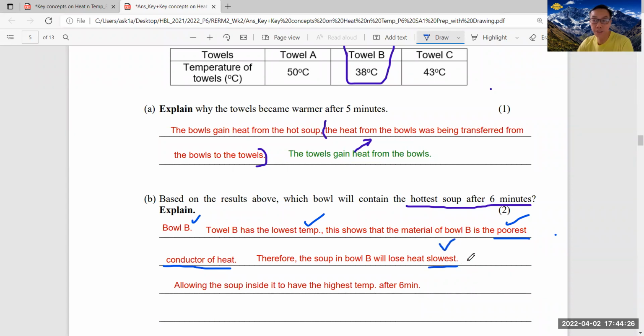Use the right adjective: if there are 2, you just use slower, but now there are 3 or even more, so you use the superlative, slowest. Allowing the soup inside to have the highest temperature after 6 minutes, because they say hottest soup. So hottest soup means highest temperature. So this is the 2-mark question.